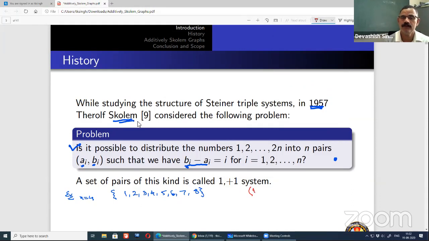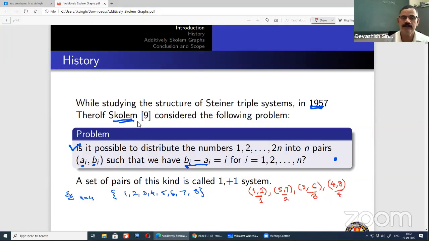So I take here 1, 2. Then I can take 5, 7. Then I take 3, 6. And then I take 4, 8. Okay, so these are possible pairs. If you see, the difference of the first is 1, the second is 2, the third is 3, and the fourth is 4. So we get all such differences here.